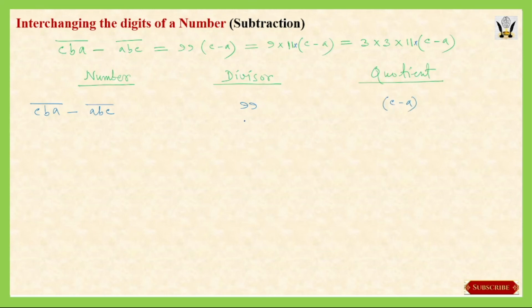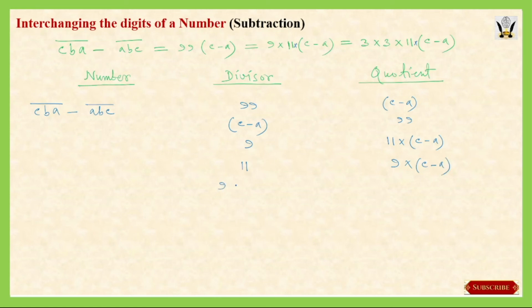If we want to divide by C minus A, the result of division will be 99. If we want to divide by 9, the quotient will be 11 multiplied by C minus A. And if we want to divide by 11, the result of division will be 9 multiplied by C minus A.